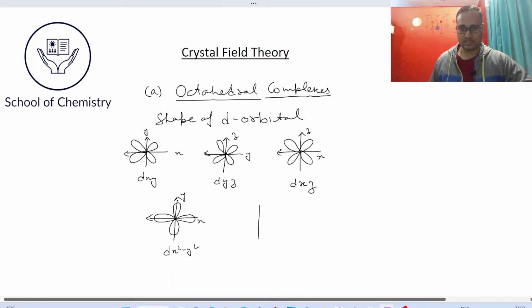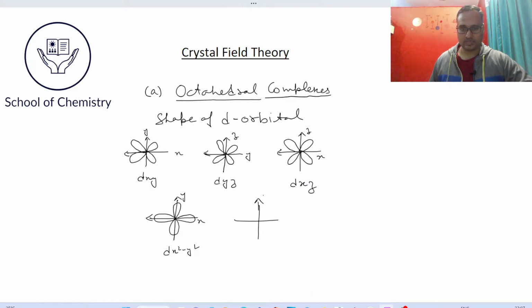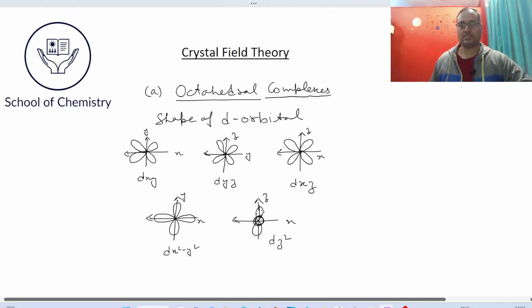And the last one, with the z-axis and the x-axis, we write as dz square, which has the electron density along the z-axis and the reduced density in the x-axis. So these are the five shapes of the d orbital.